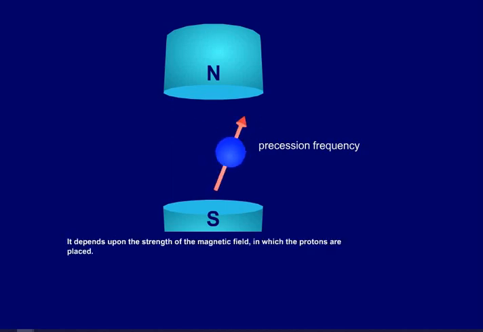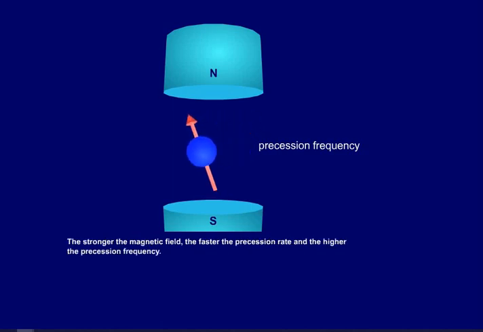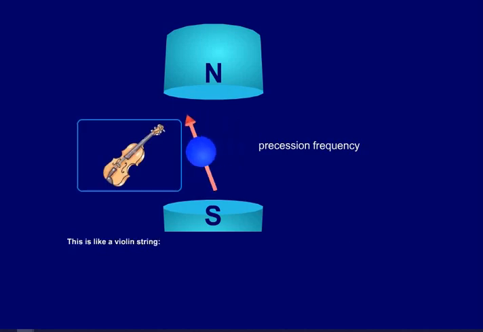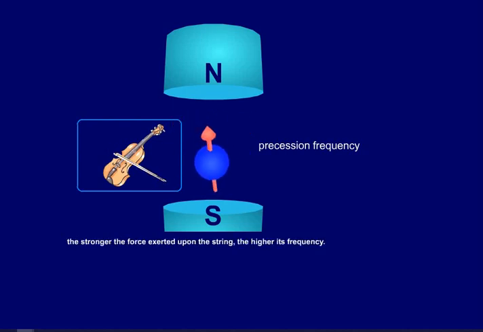It depends upon the strength of the magnetic field in which the protons are placed. The stronger the magnetic field, the faster the precession rate, and the higher the precession frequency. This is like a violin string. The stronger the force exerted upon the string, the higher its frequency.